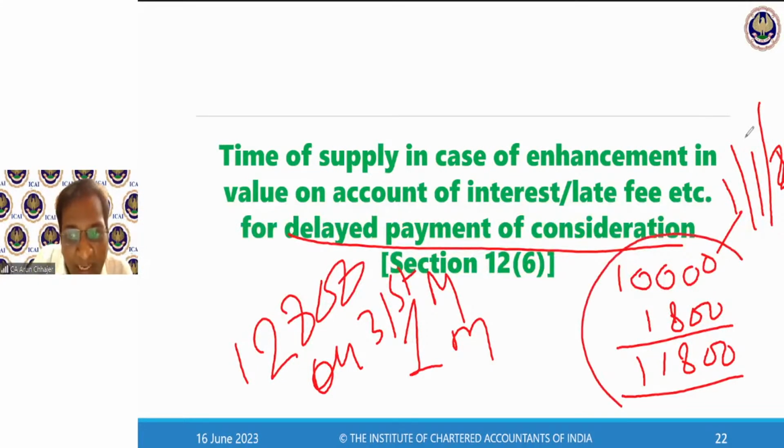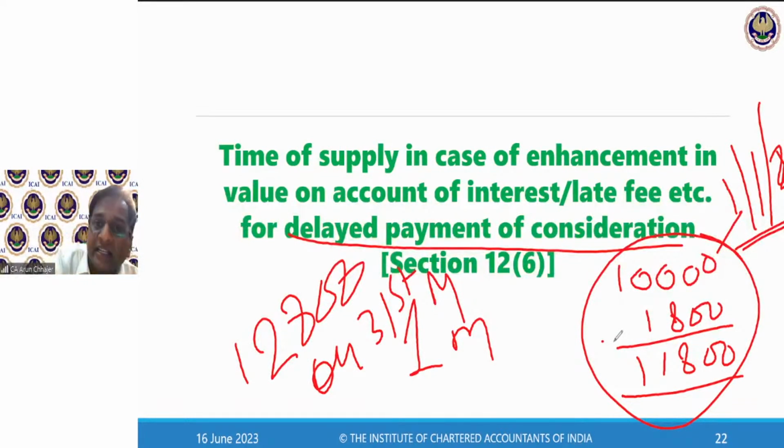Time of supply for 11,800, we have already done. Time of supply for the forward charge is the date of invoice or last date of payment, whichever is earlier. We are talking about if you receive the addition in the value. What is the amount of addition? 1,000 rupees.